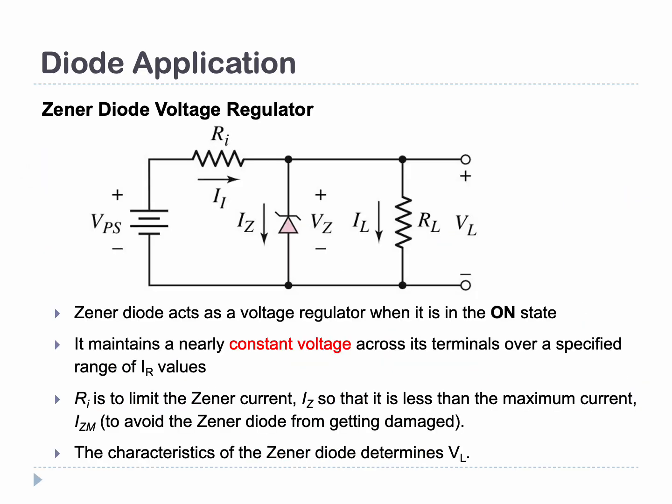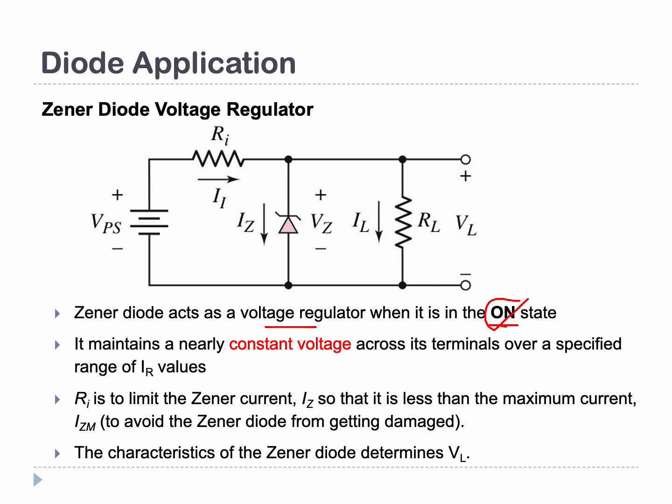So, Zener diode as a voltage regulator. Now let's look at how it works as a voltage regulator. It will work as a voltage regulator only when it is in the on state. How do we determine whether the Zener is on or off?